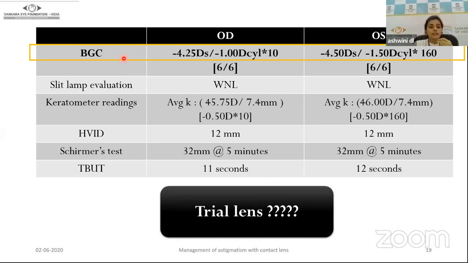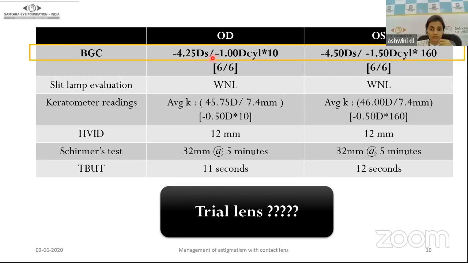The BCVA, we saw, was minus 4.25 diopter spherical and minus 1 diopter cylinder, axis 10 degree. And in yesterday's discussion, we saw that if the magnitude of the refractive error is 4 or more than 4 diopter, then vertex distance compensation has to be done. Especially in an astigmatism patient, you can't do the vertex distance compensation just based on the spherical power.